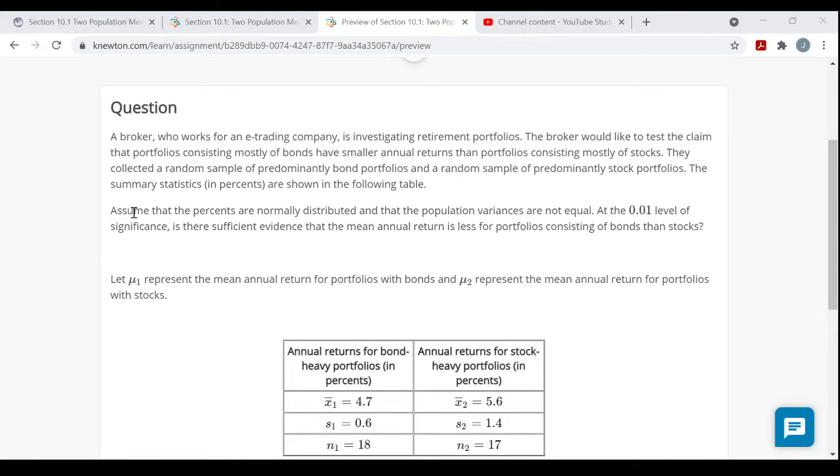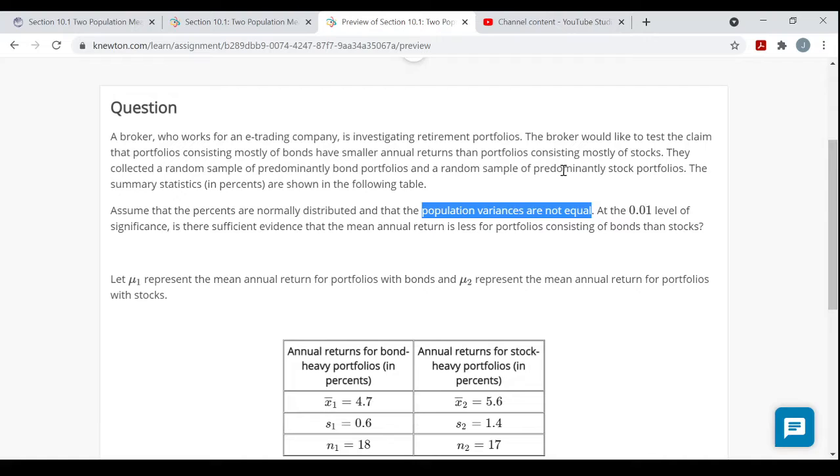So here we're asked to assume the percents are normally distributed and that the population variances are not equal. Remember, if you're assuming that the population variances are not equal, that means you're in the non-pooled scenario.